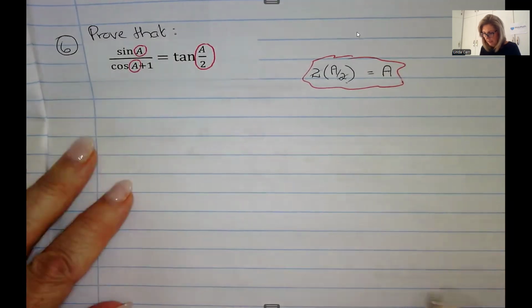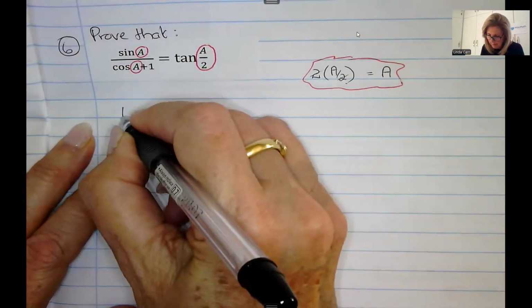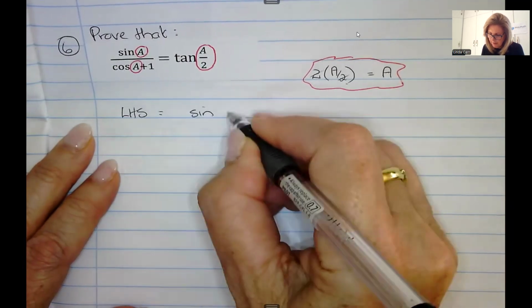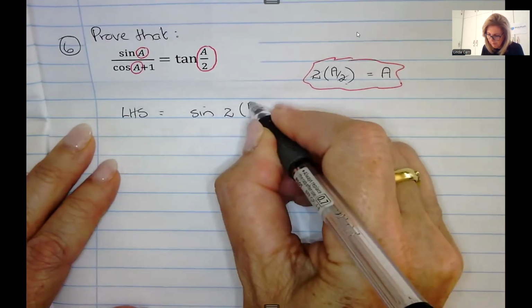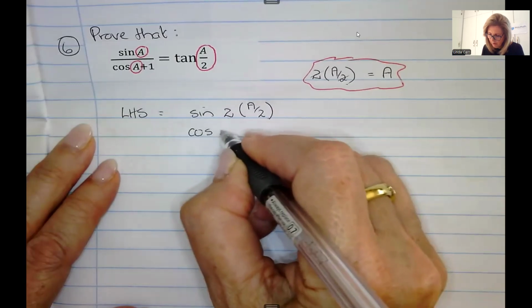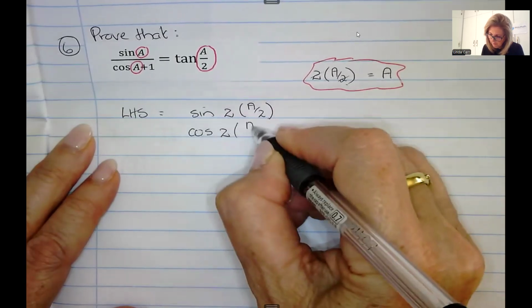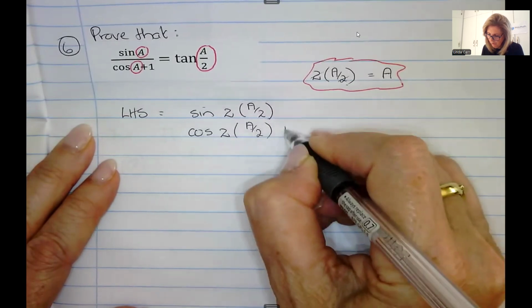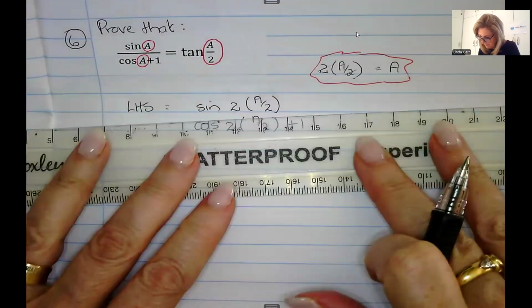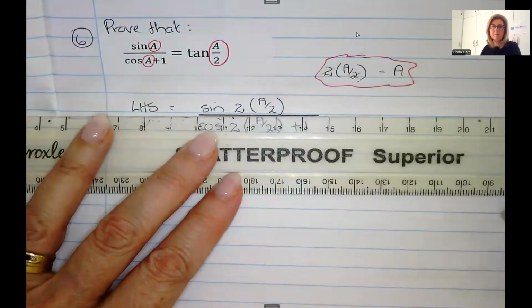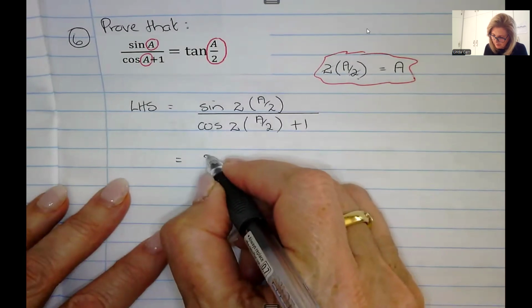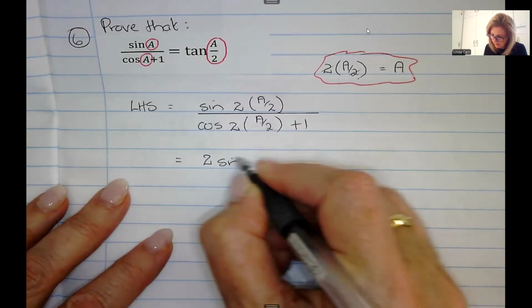Okay, so I'm going to turn my left-hand side into sine double A over 2 over cos double A over 2 plus 1. So now that's just a sine double angle expansion.